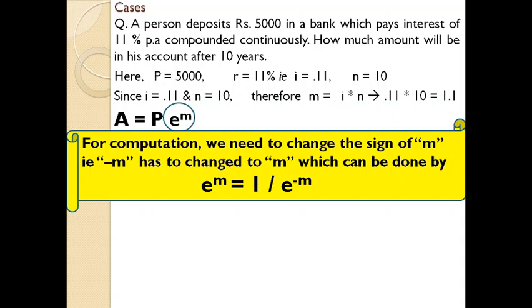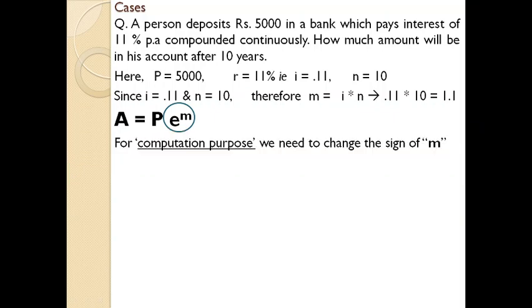Whenever you find the value from the table, just do one thing, very simple: e raised to m equals 1 divided by the table value you have found. Just find the value from the table and divide 1 by that value, and you will get e raised to plus m.